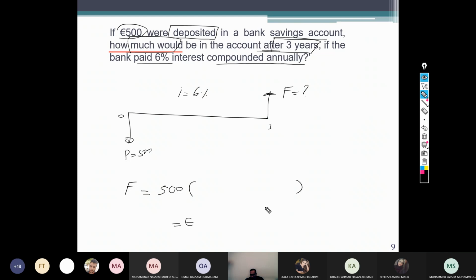Now, I'm not asking for the formula, guys. I'm looking at F/P, standard notation. So it says find F/P. Excellent. I'm going to look at I, which is 6%.